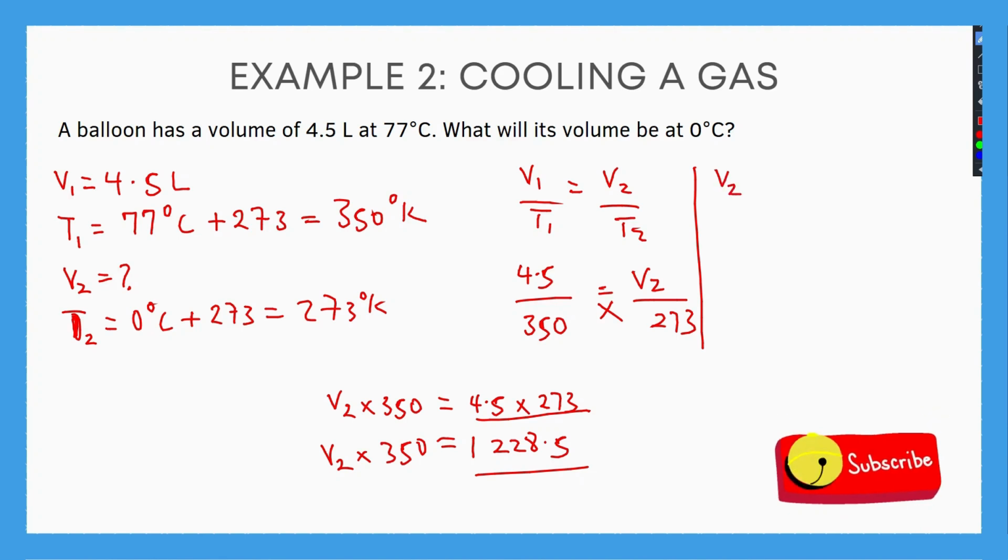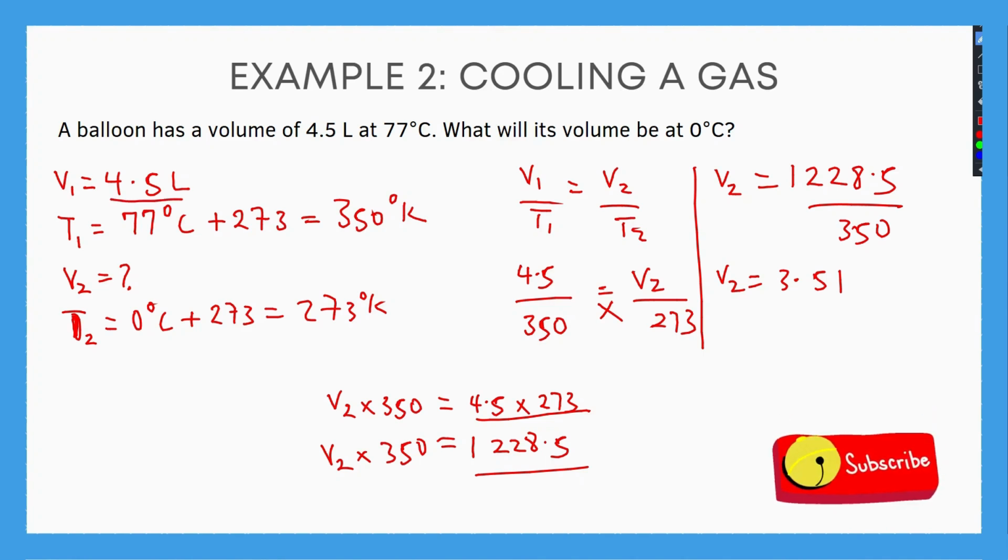So V2 is equal to 1228.5 divided by 350. If we punch our calculators, that gives us V2 is equal to 3.51.